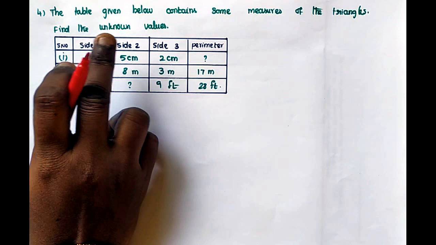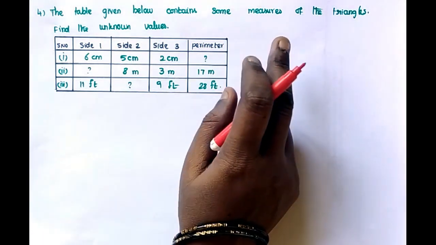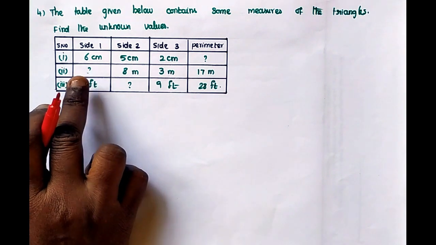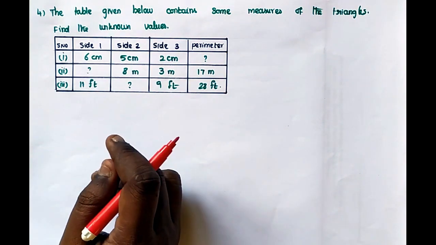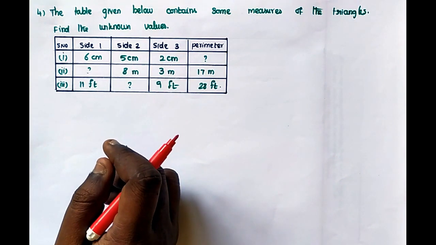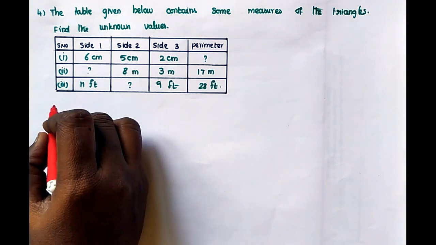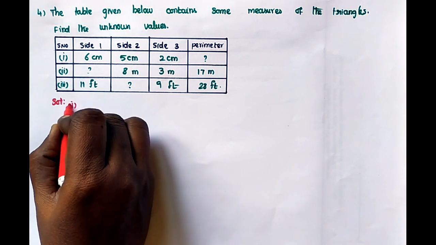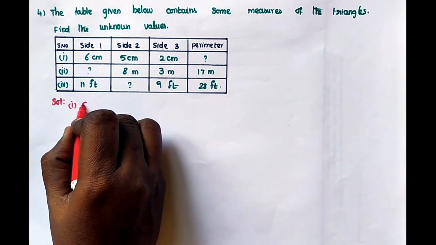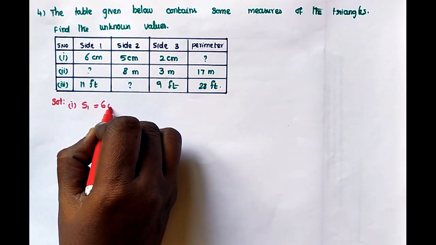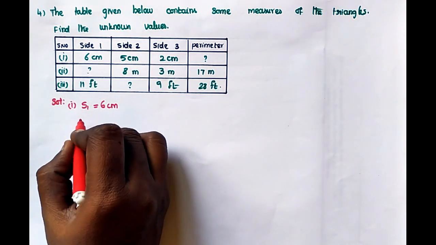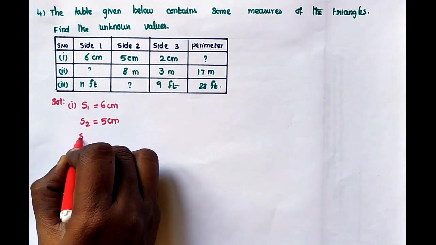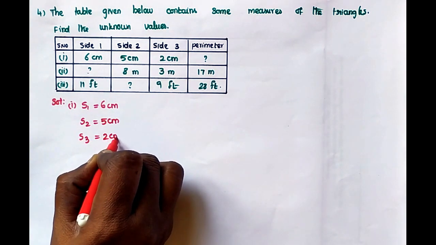Fourth sum, the table given below contains some measures of the triangle. Find the unknown values. They given the sides and perimeter. From that, what they did not give means we have to find out that. First one, S1 they given 6 centimeter, S2 5 centimeter and S3 2 centimeter.